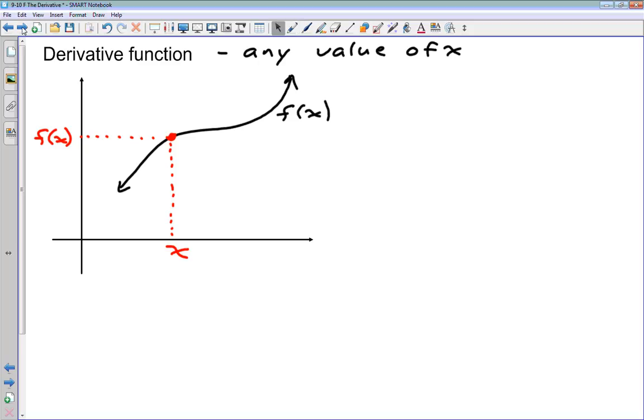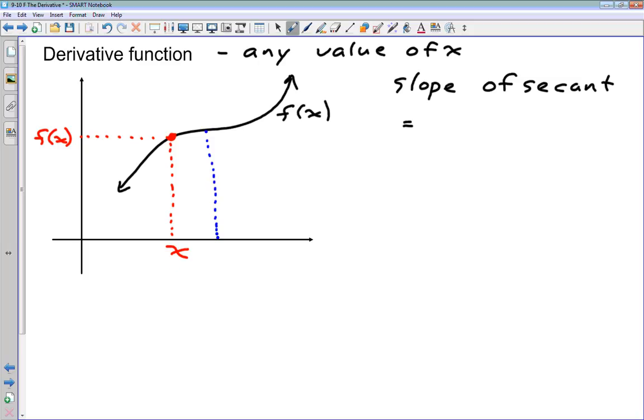We're going to do the same kind of thing we did before. We are going to find an expression for the slope of the secant to this curve. Now, how are we going to do this? Well, we're going to start at this point x, and we're going to move a short distance away from it.